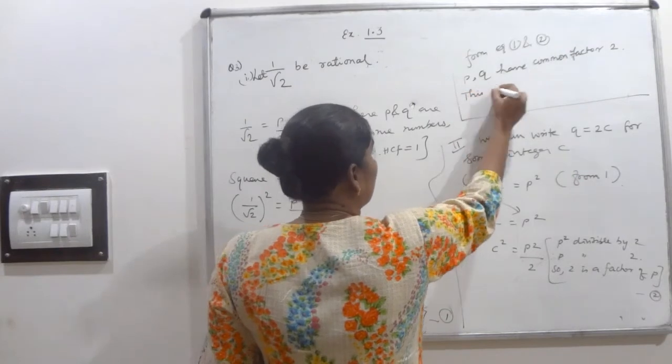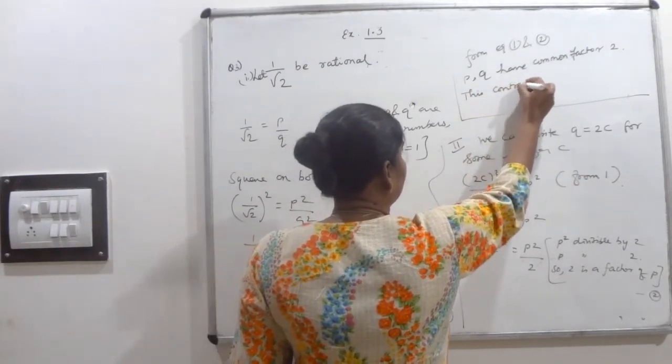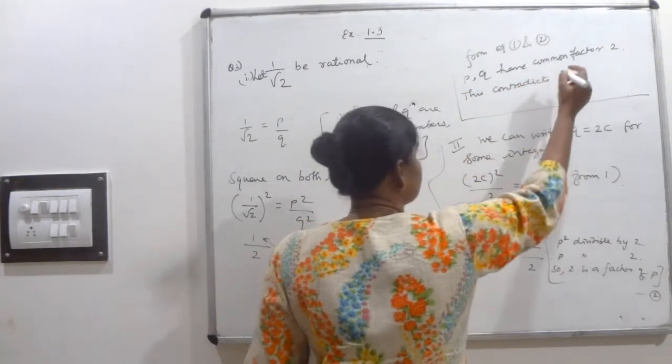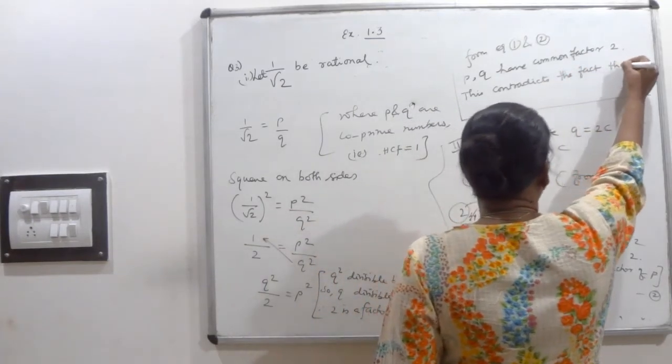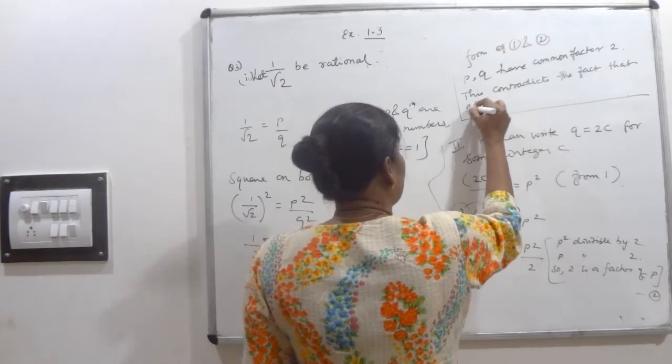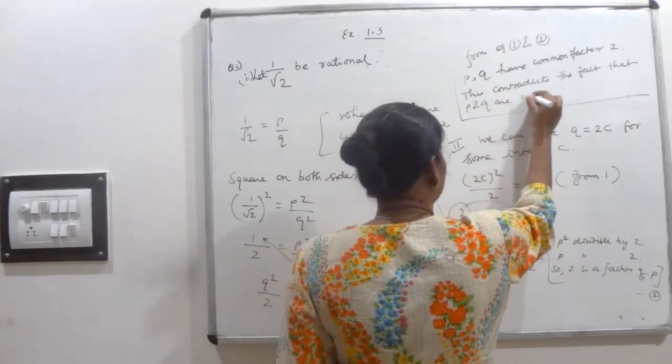This contradicts the fact that P and Q are co-prime numbers.